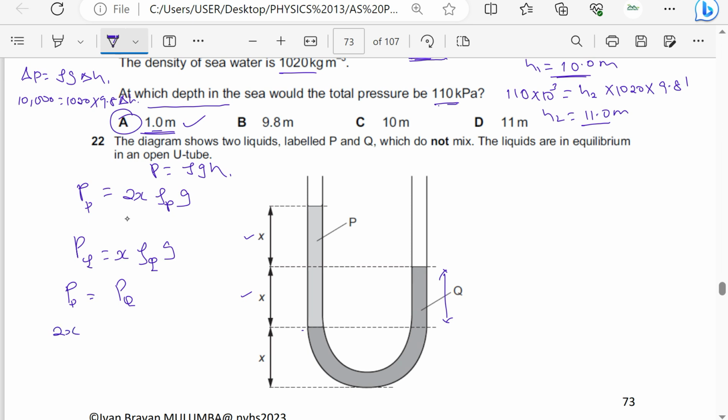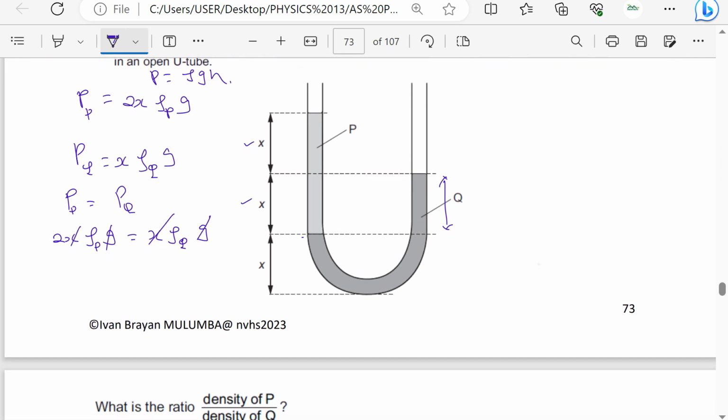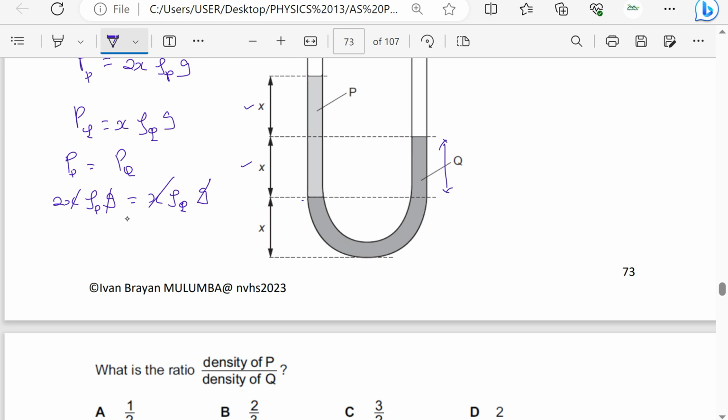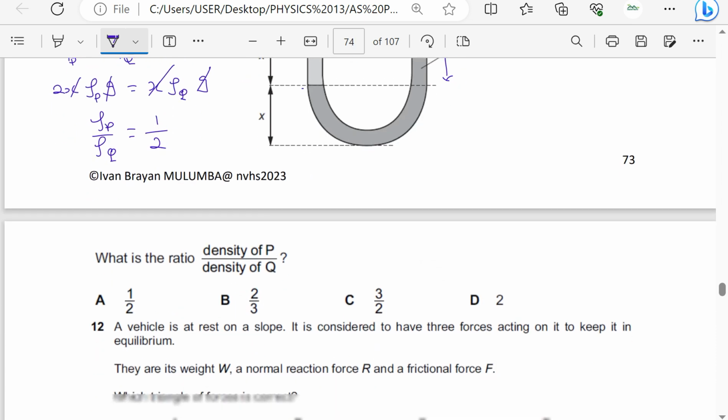So I'll simply say 2x rho P times G should be equal to x rho Q times G. So G cancels out, X cancels out. The question was what is the ratio of density of P over density of Q? So I'm going to make density of P the subject, divide by density of Q. On the right-hand side I have 1, divided by, on the left-hand side, 2. So the answer is going to be 1 over 2, which makes it A.